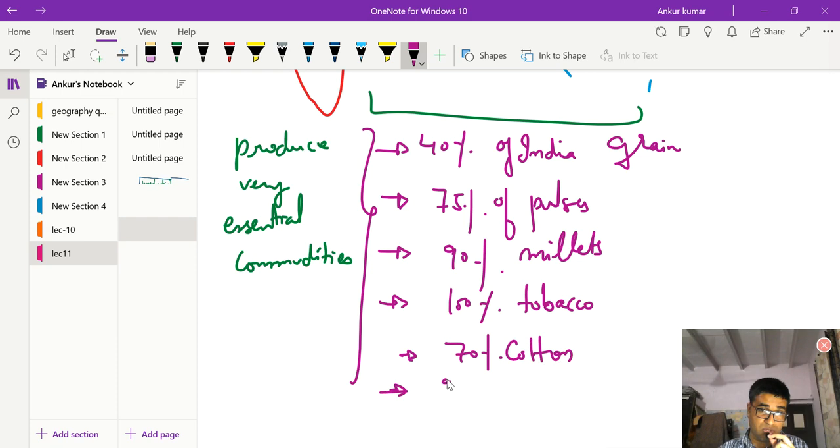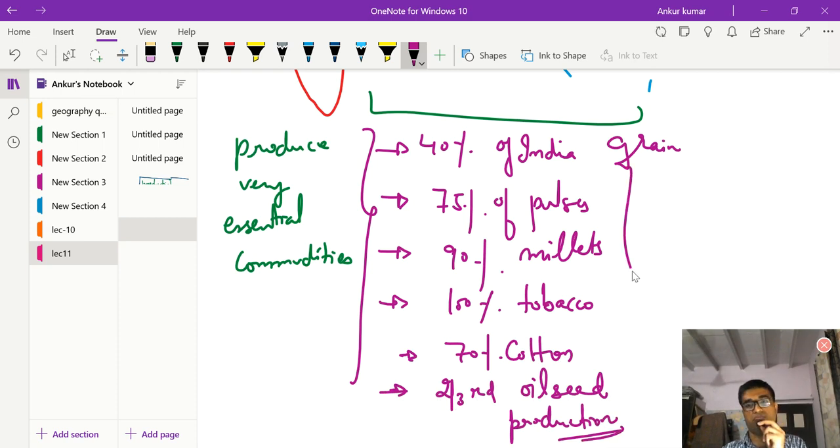And 2/3 of oilseed production comes from this area. This is the importance of this region.